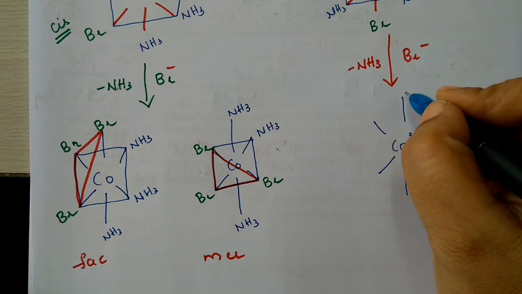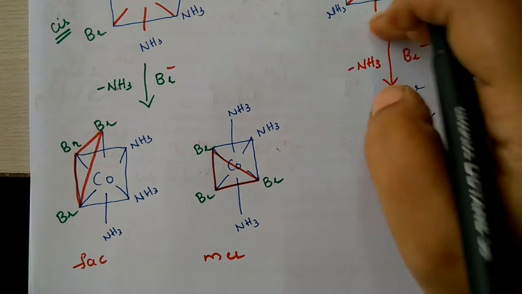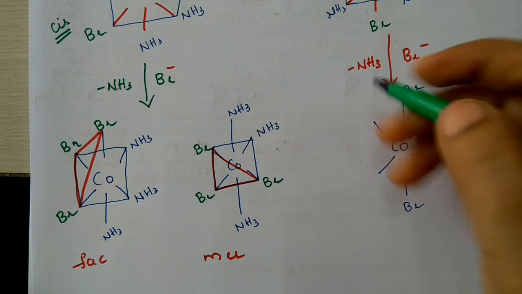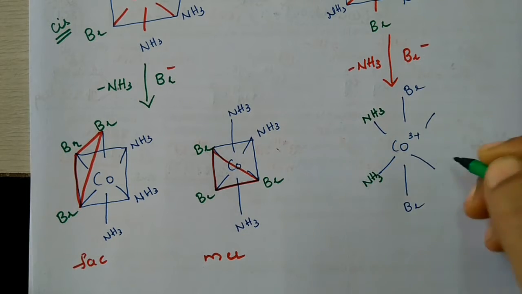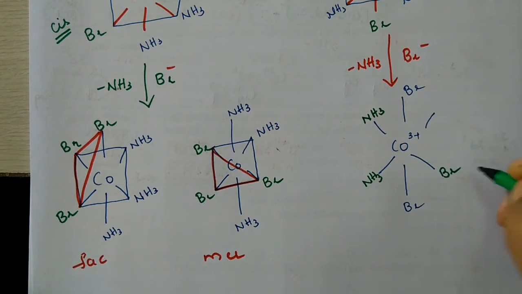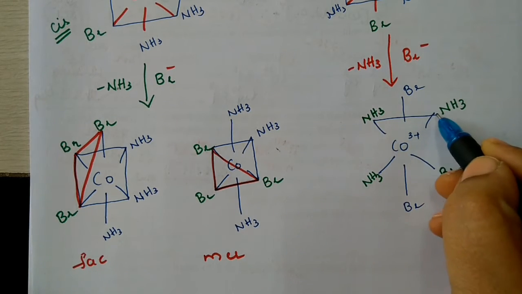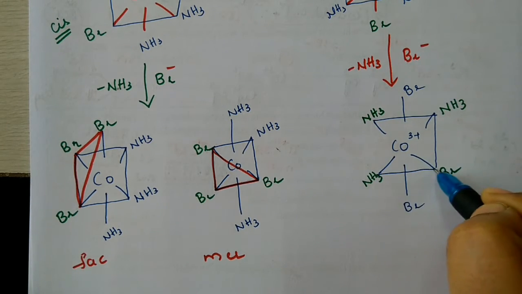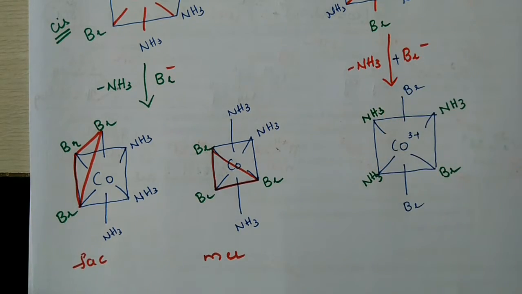So if it is Br, it is Br as it is, it is also Br as it is. NH3 is there, this is also NH3. This one I am writing as Br, and this NH3 as it is. So we are only replacing one of the NH3 and substituting Br there, because our reaction is only that much.